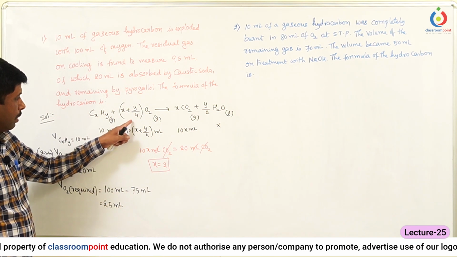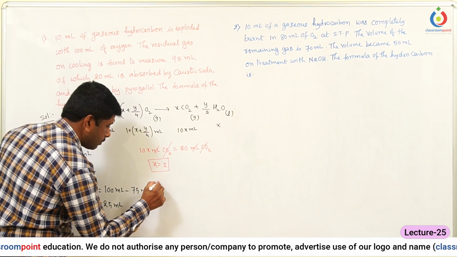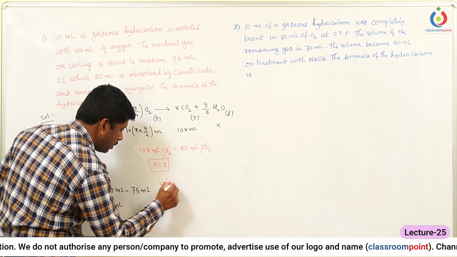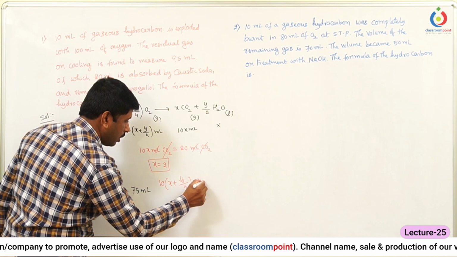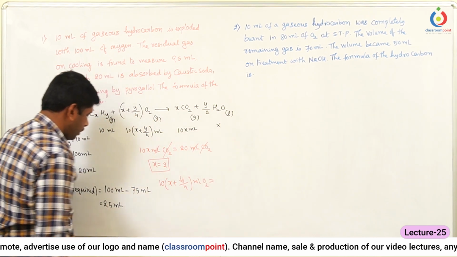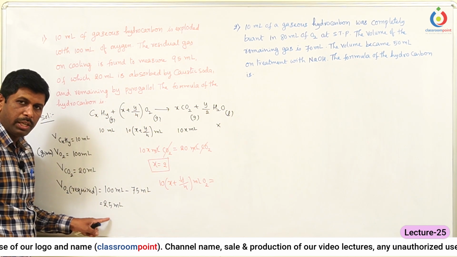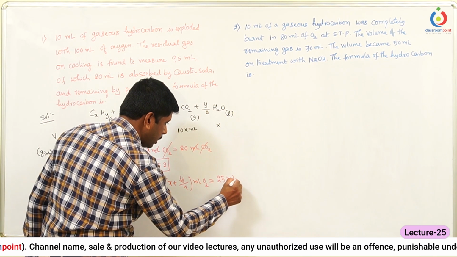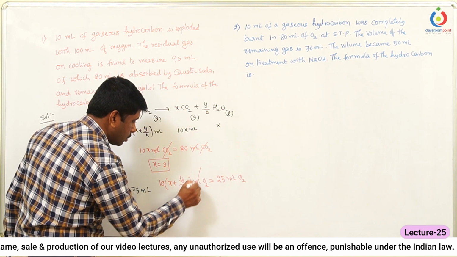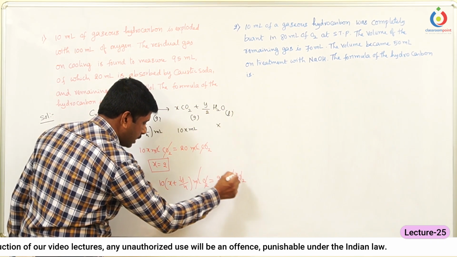Next, the volume of oxygen required is 10 into (x plus y by 4) ml of O2, but only 25 ml of oxygen was used. So the milliliters of oxygen cancel out.